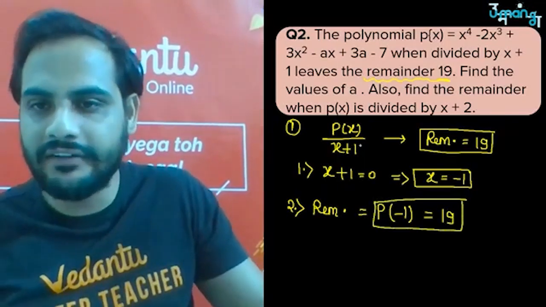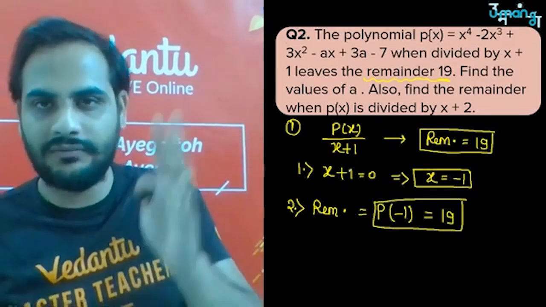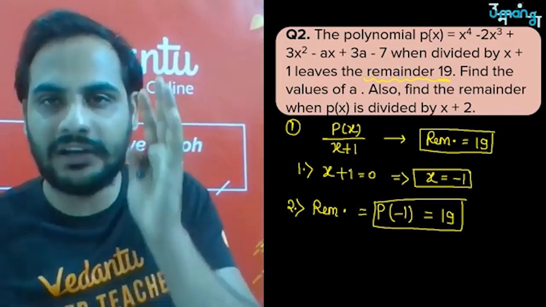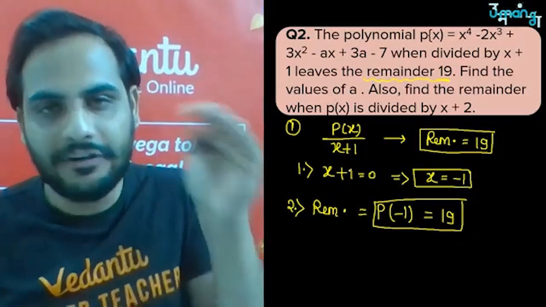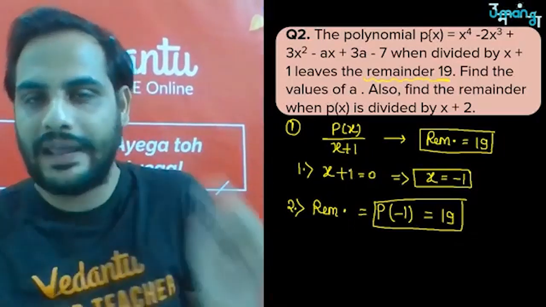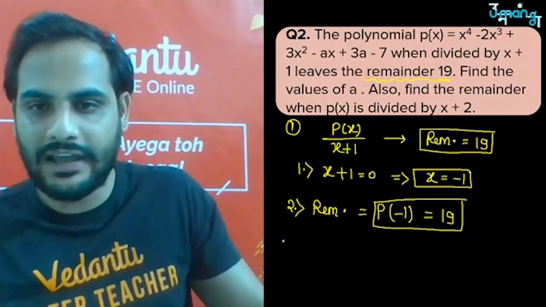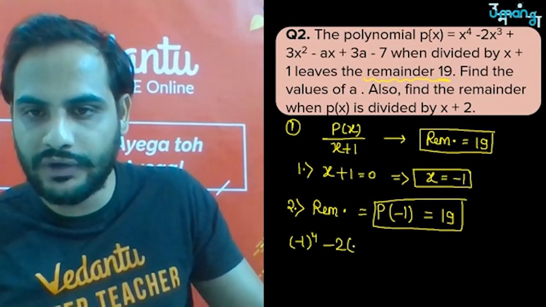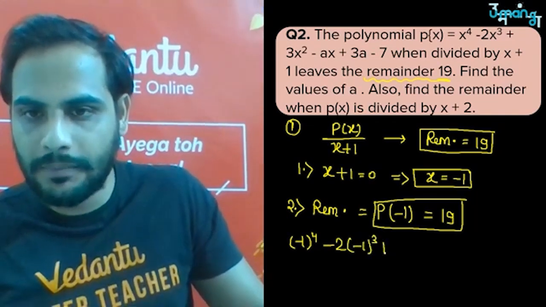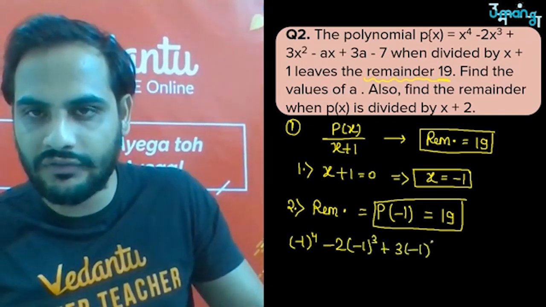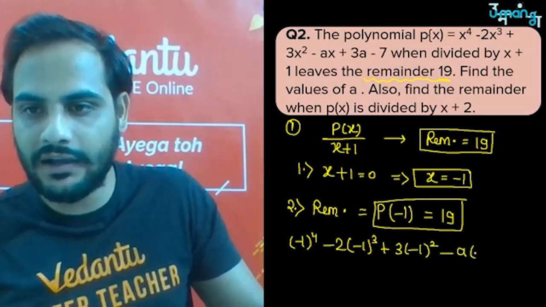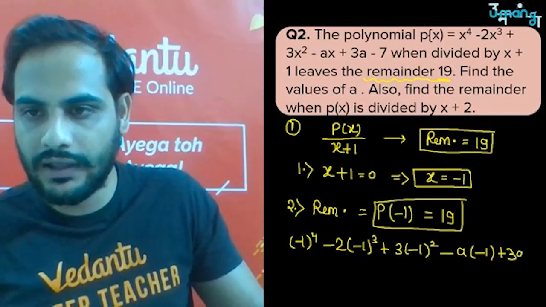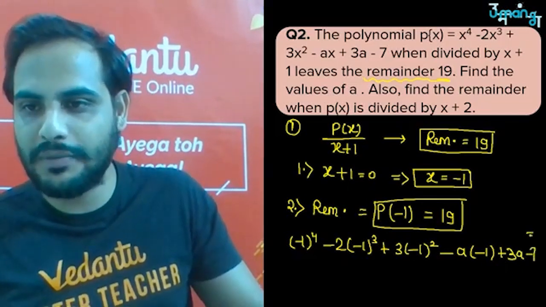The value of the dividend at x is equal to minus 1 will be your remainder. They have already told that remainder is 19, so I can say value of this dividend p(x) at minus 1 should be equal to 19 because that is my remainder. So I will say minus 1 raised to the power 4 minus 2 into minus 1 cube plus 3 into minus 1 square minus a into minus 1 plus 3 into a minus 7 should be equal to 19.